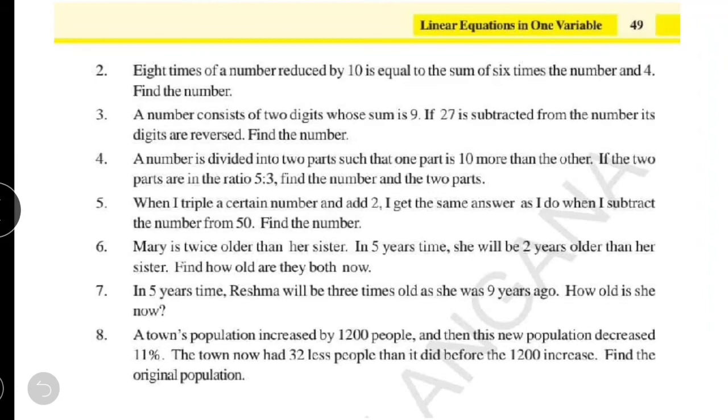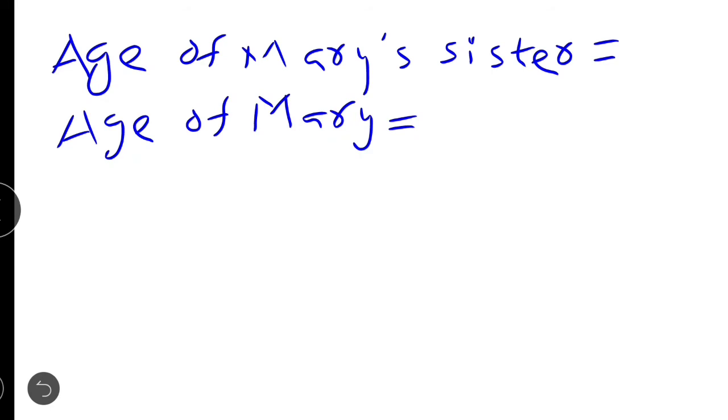So here the sixth problem: Mary, see, Mary is a person's name. Mary is twice as old as her sister. Okay, so let's take the age of her sister as x years. Then the age of Mary will be twice, that means 2x.